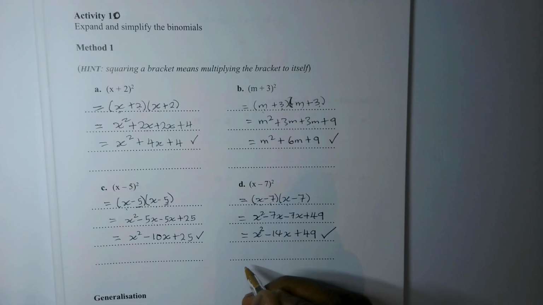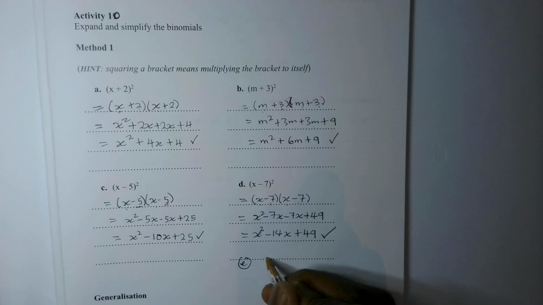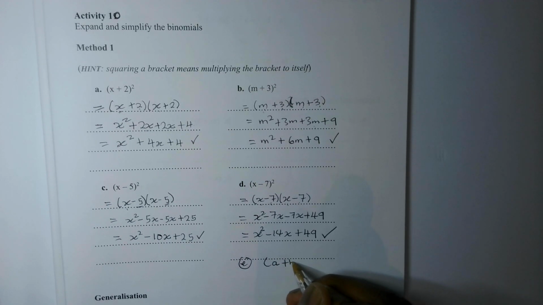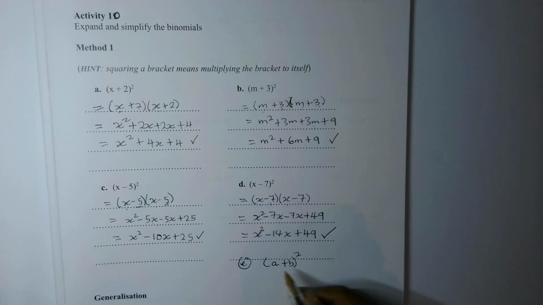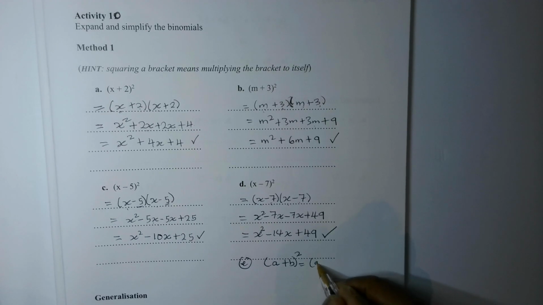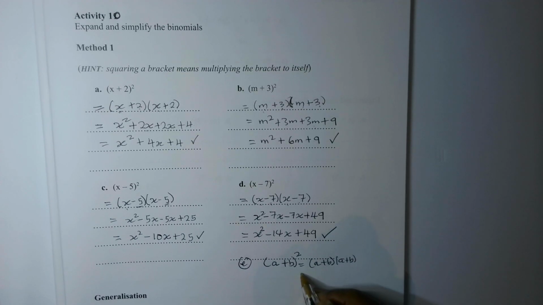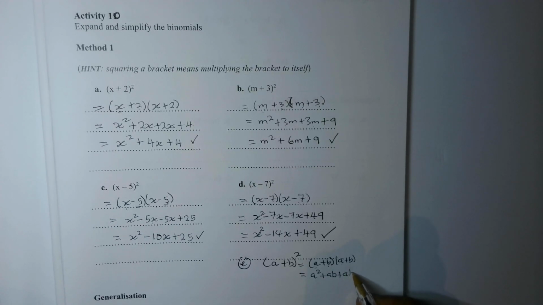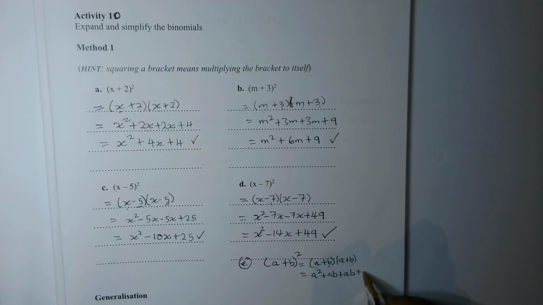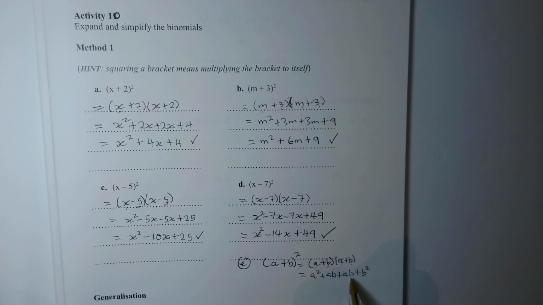So if I was to do E as an example, if I have (A + B) squared, that becomes (A + B) and then (A + B), the product of that. If I multiply this, A times A will give me A squared, A times B will give me plus AB, then B times A will give me positive AB, then B times B will give me B squared, and then you spot twice here again.